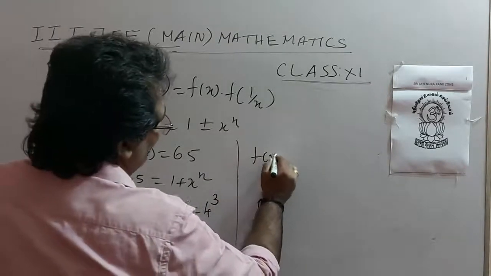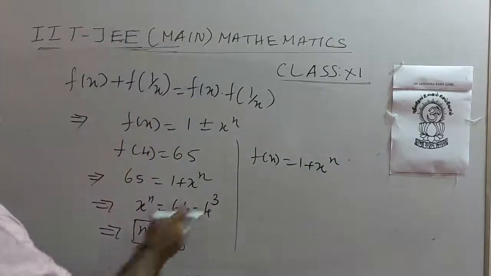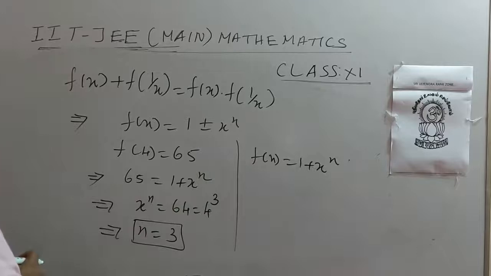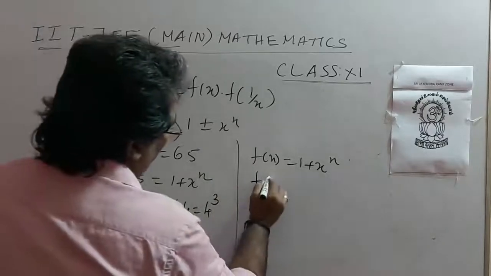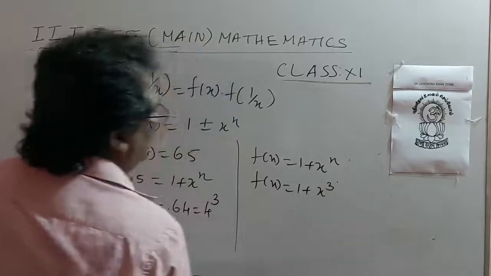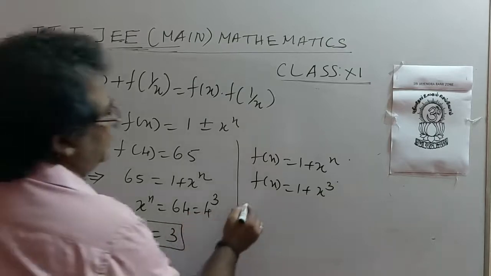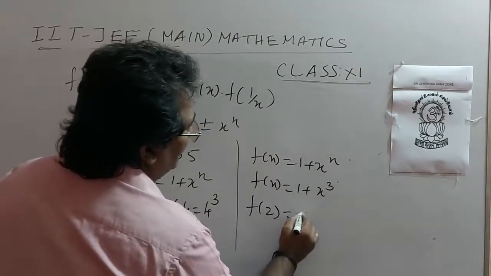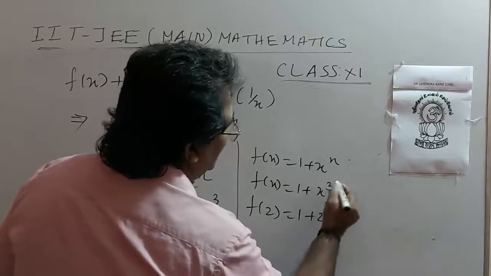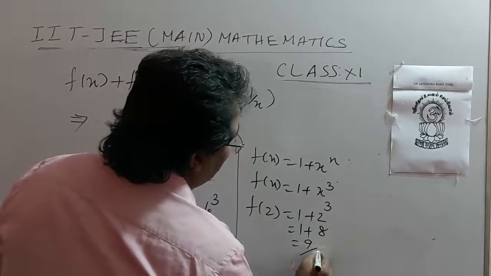So f(x) equal to 1 plus x^n. Here you consider only the positive value. So f(x) equal to 1 plus x^3. We need to find f(2), that is 1 plus 2 cubed, 1 plus 8, that is 9.